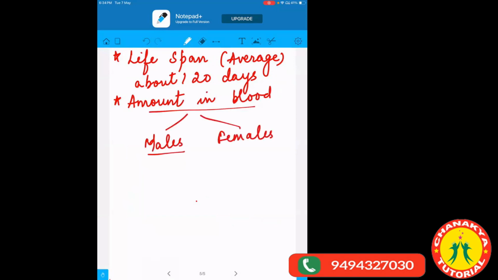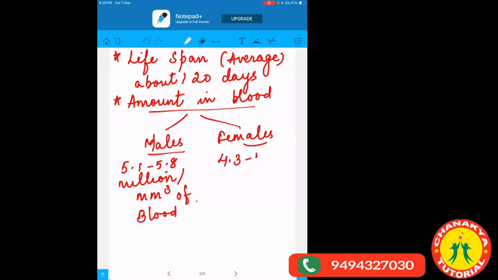For the males, it is 5.1 to 5.8 million per millimeter cube of blood, whereas in the females it is a bit less, which is 4.3 to 5.2 million per millimeter cube of blood.